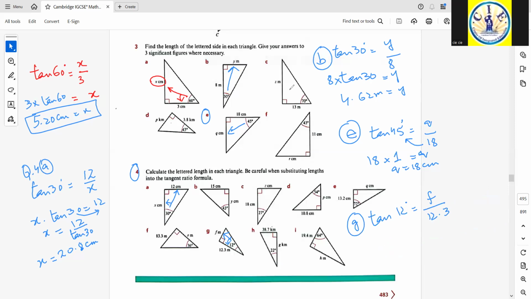So this is again just like the parts in question number 3. So this will give us 12.3 times tangent 12, that is equal to F. That will give us 2.61 meters. That is the value of F. So this is how these questions are to be done.